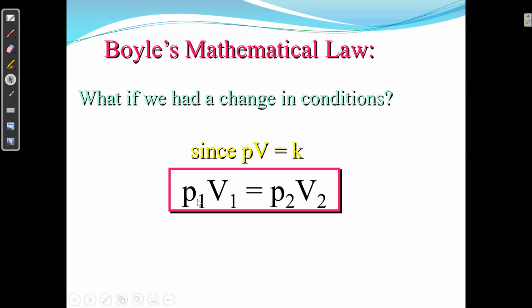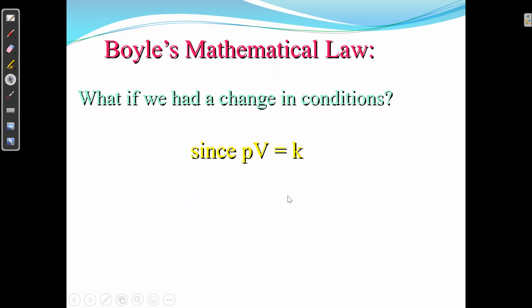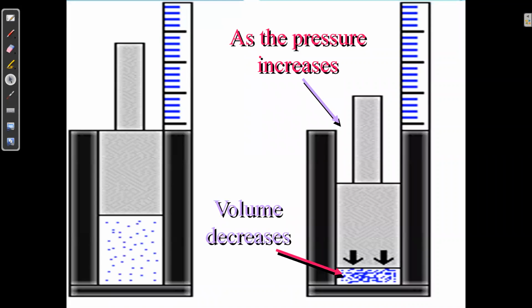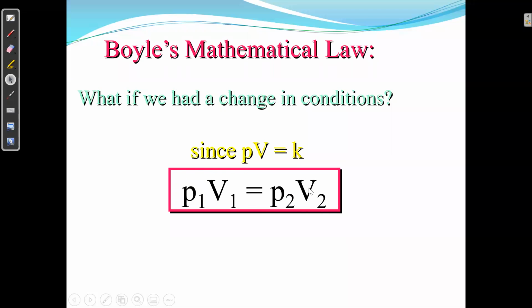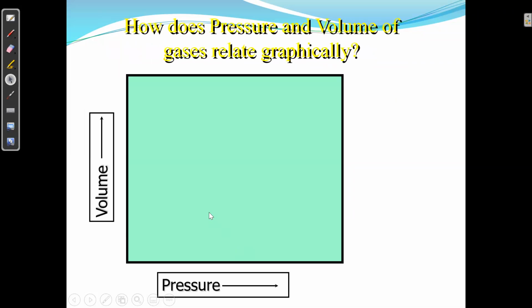Suppose initially pressure was P1 and volume was V1, but when we increase the pressure and decrease the volume, they become P2 and V2. So always the product PV is constant. P1V1 will always be equal to P2V2, meaning every time the product value will be constant. You can see the graph also.